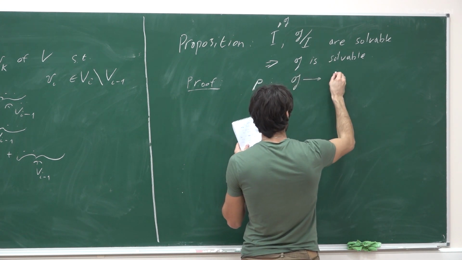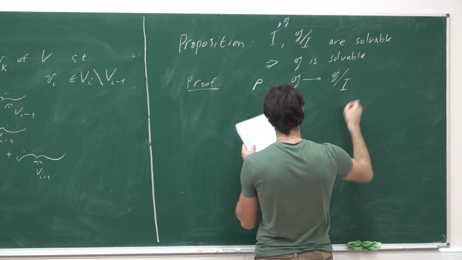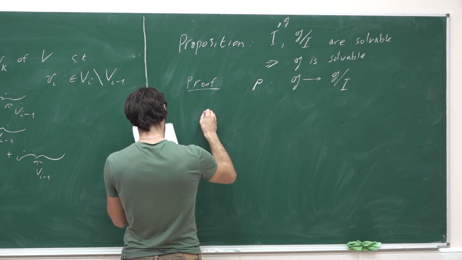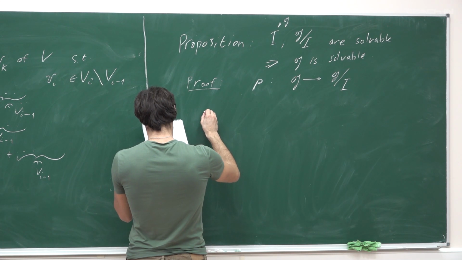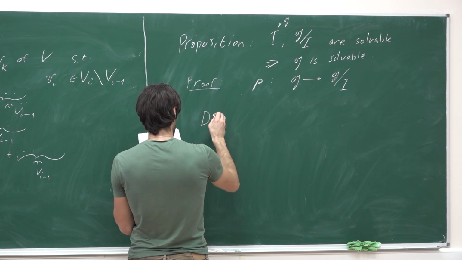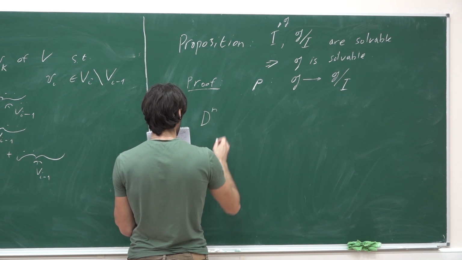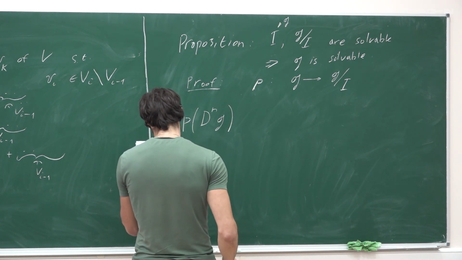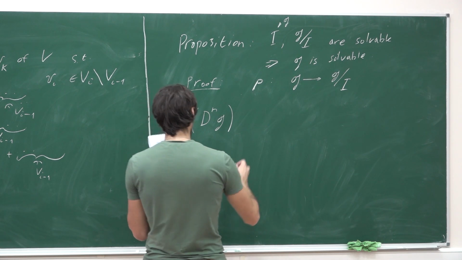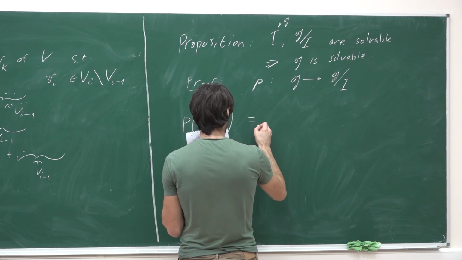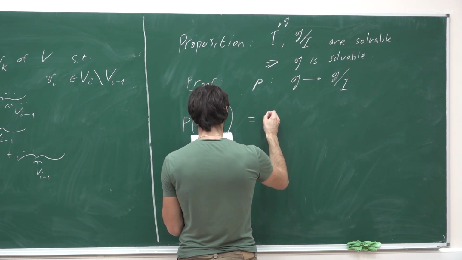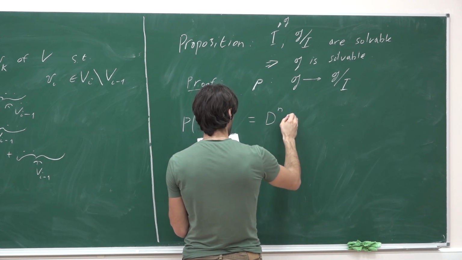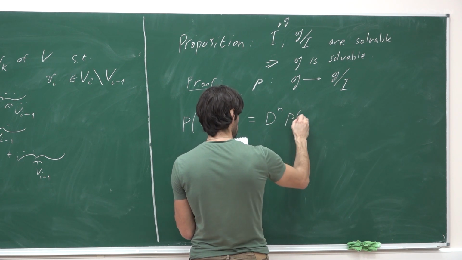So p is a projection, and then let me take an element of the derived series and project. Because of surjectivity, it will be D^n p of G.